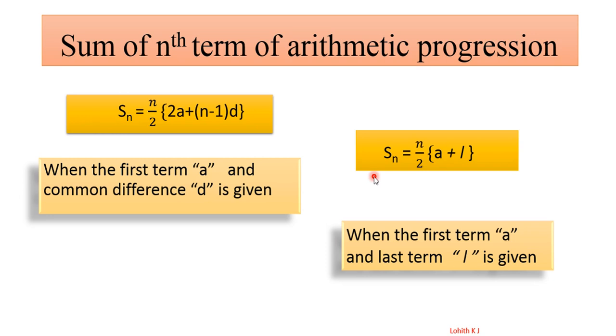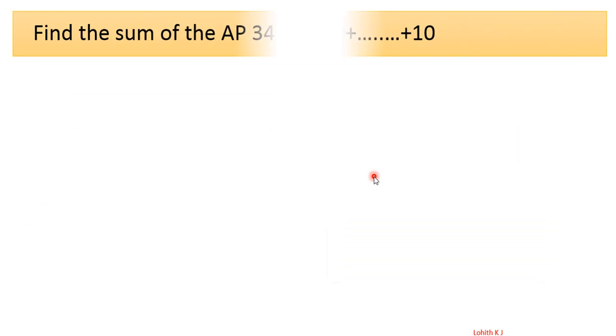In this, the first problem is to find the sum of the AP 34, 32, 30, and so on, up to the last term, that is 10. Here the first term and the last term of the arithmetic progression are given. We need to find the sum of this arithmetic progression.